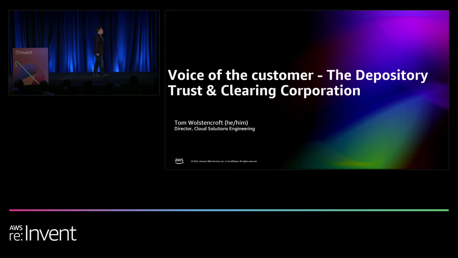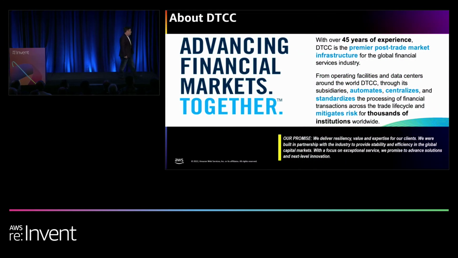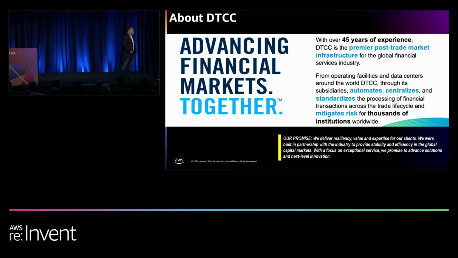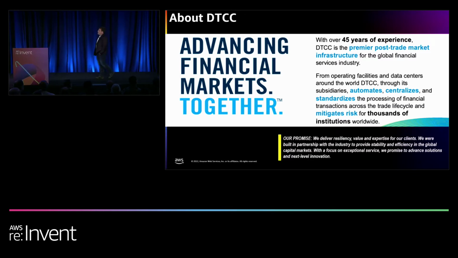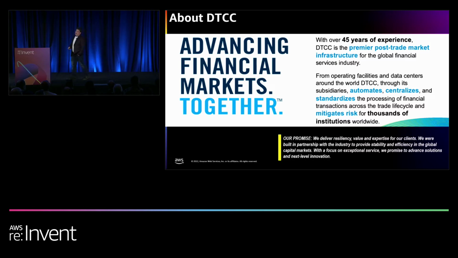And I'm guessing a lot of you haven't heard of us before. But we are the premier post-trade financial institution on the planet. We not only centralize, we automate, govern, regulate, and standardize all the processing of financial transactions.